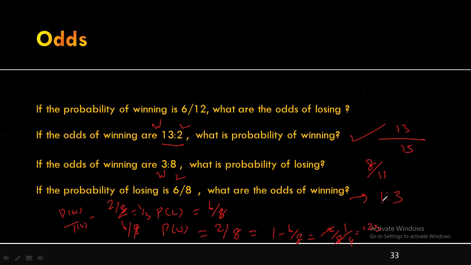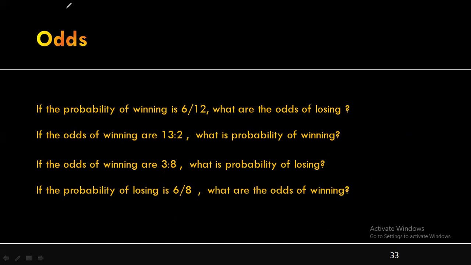Every one time I win, I lose 3 times. If you play 4 games, you expect to win once and lose 3 times. That is the key idea. Okay, what is next? Next, we will see the mathematical foundation.